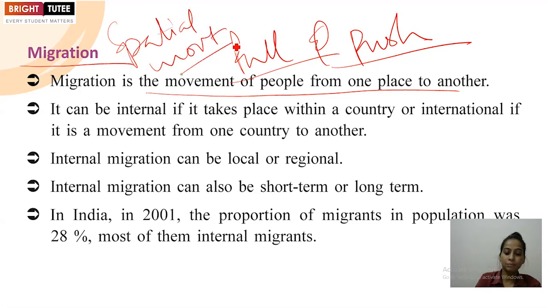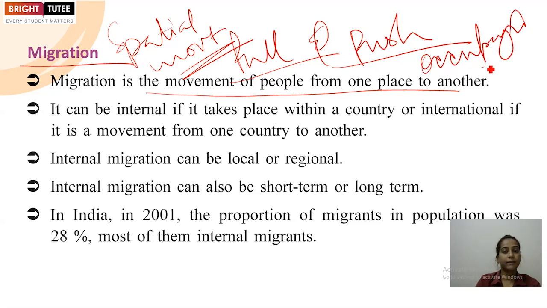We also call migration a spatial movement because it is related to occupying a particular area. While people move from one place to another, they settle down in that particular area. So that's why we call it a spatial movement also.